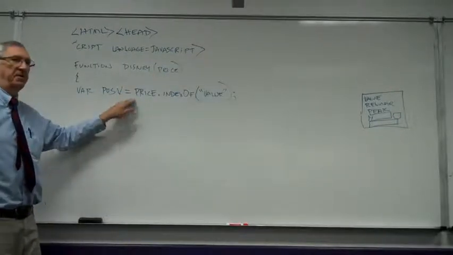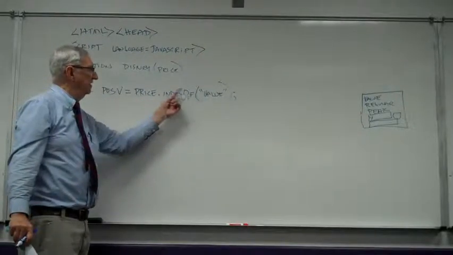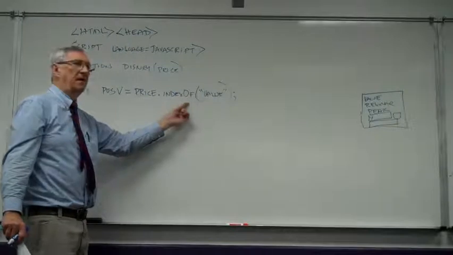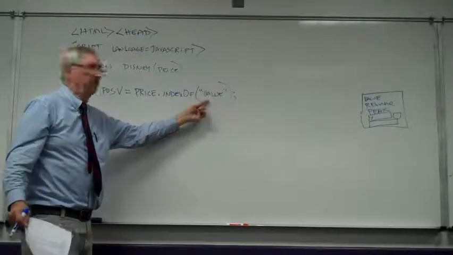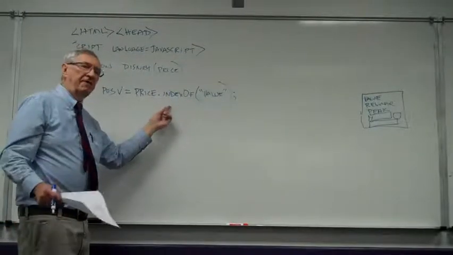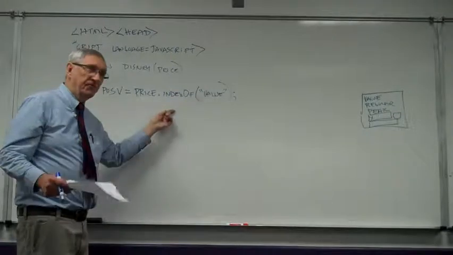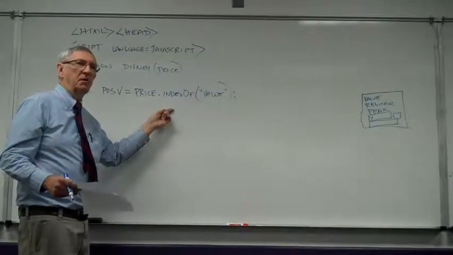I put a point there, and I put indexOf, with a capital O, and then I put the word I'm looking for in that phrase. In this case, I'm looking for the word value. In other words, if that word is in this phrase, tell me its location. Tell me if it's in location 0, or 1, or 2.